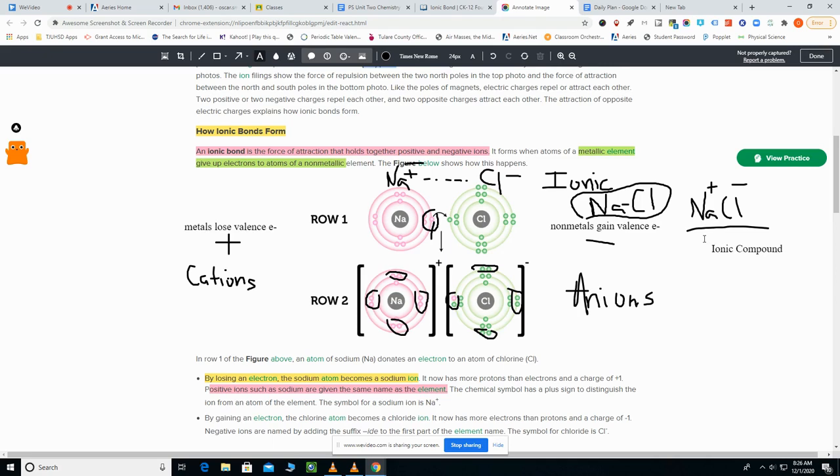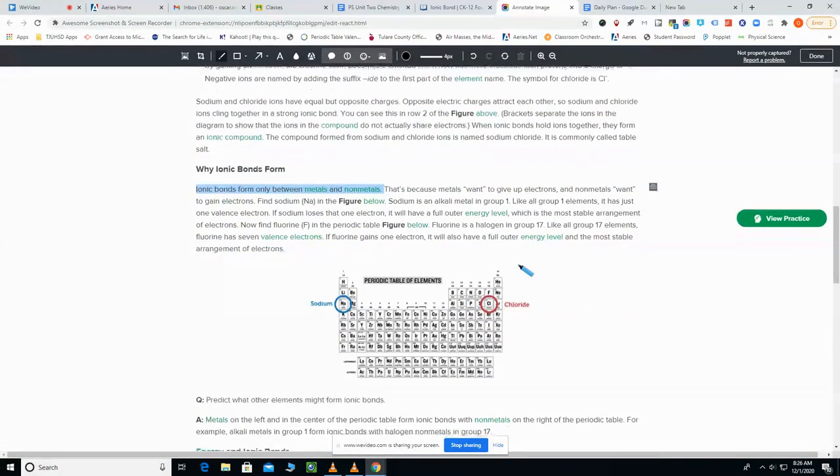The net charge is 0, because the positive one charge and the negative one charge cancel each other out. So we could rewrite the formula as merely NaCl. We can leave in the charges so we can see that they cancel each other out for this formula unit for this ionic compound. This is what we're talking about today, so we want to make sure we have an understanding of that.